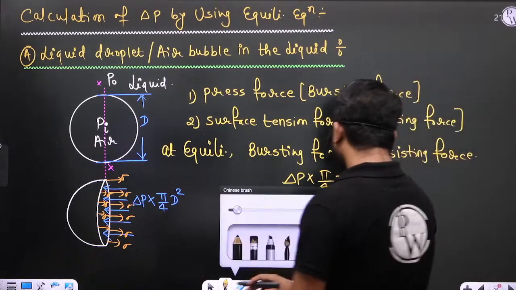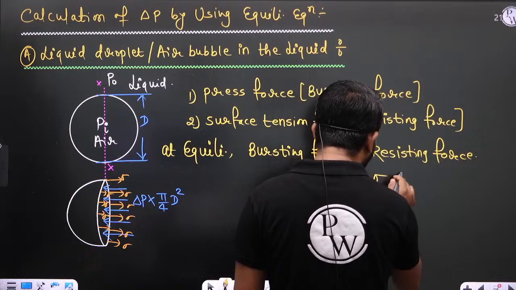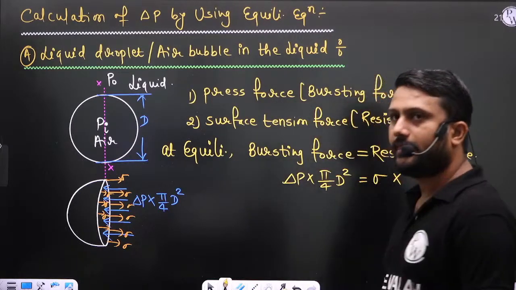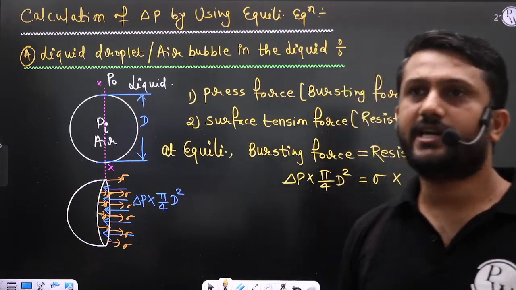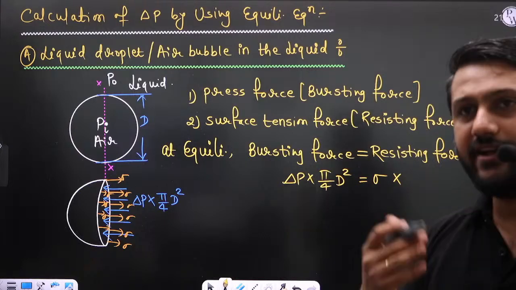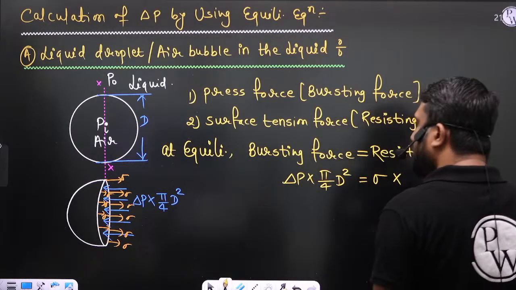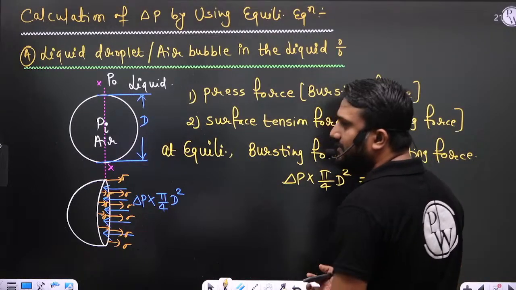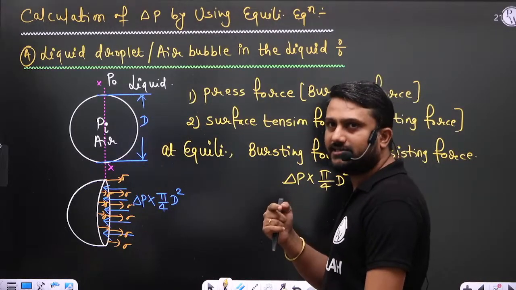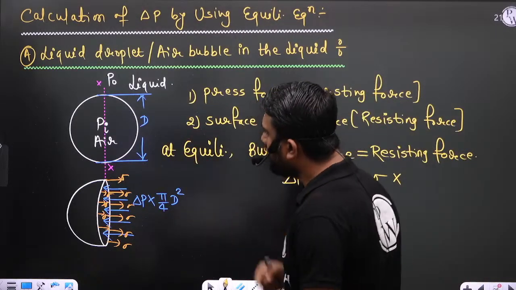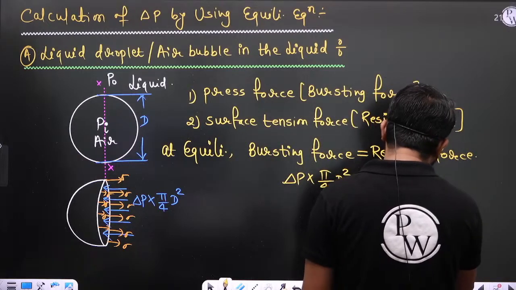So surface tension force is surface tension multiplied by length, because surface tension is a line force. What is the length where surface tension acts? The length is a perimeter, so we can write this is pi into d.